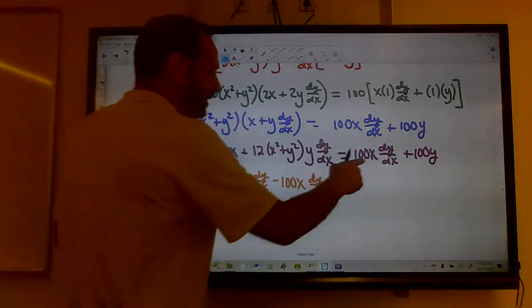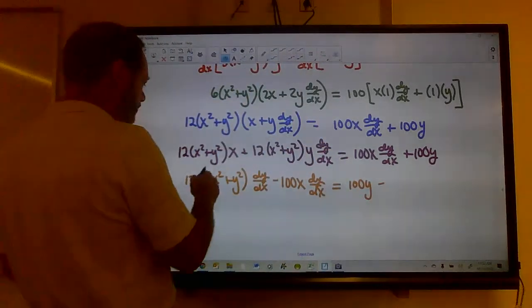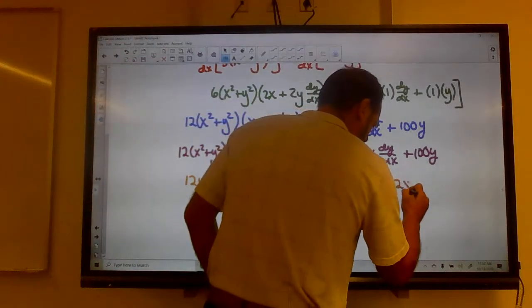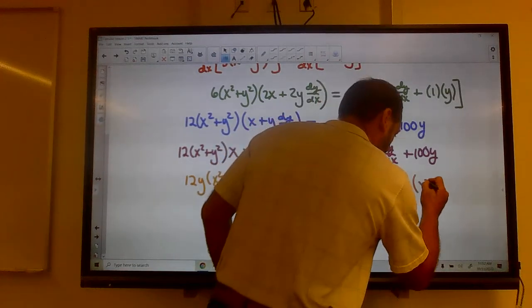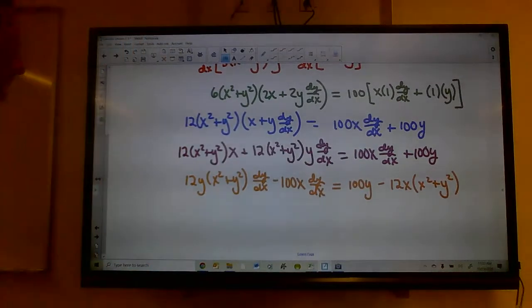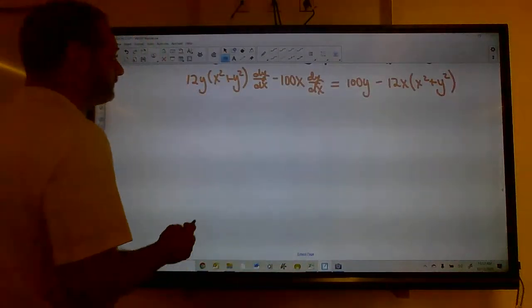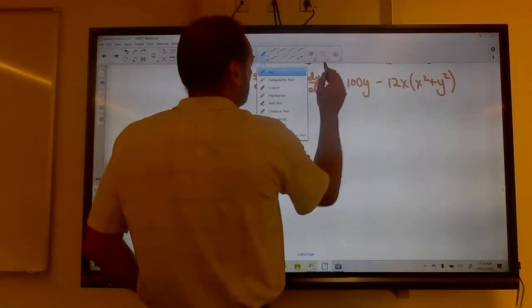That's going to equal 100y minus 12x(x squared plus y squared). All right, this is looking a lot cleaner now.